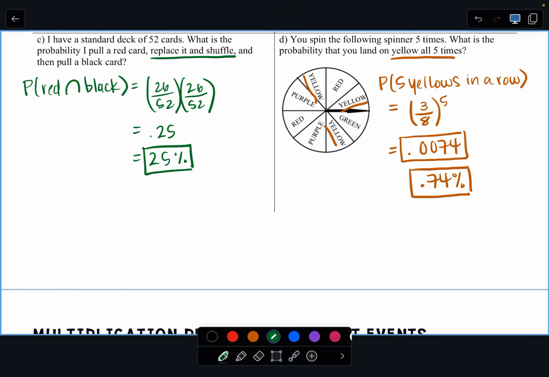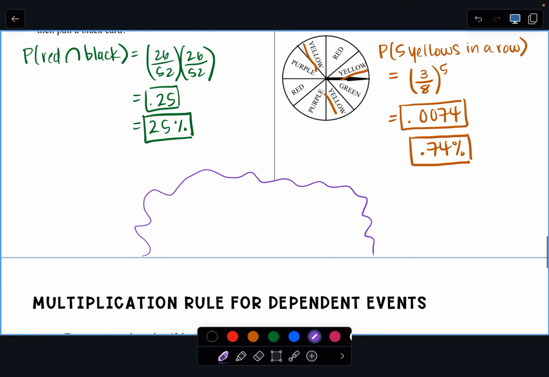Now, this is a small disclaimer that really has nothing to do with this. I mean, it does, but it doesn't. I'm going to write it down here, only because we got a small decimal on this last one. Sometimes when you're calculating values like this, the possibility of it occurring is really, really low.